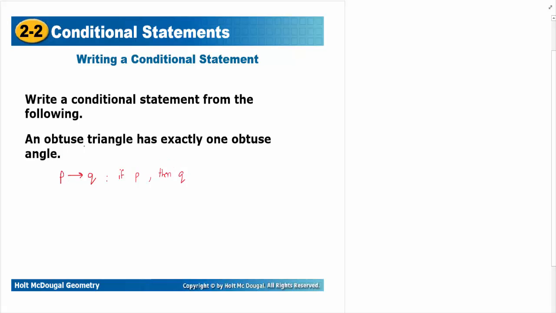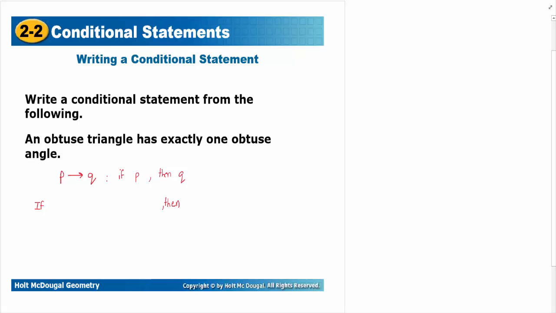Again, I stated that earlier as well. Now this one doesn't have the if to help you out, right? So you have to just rewrite it in that form by just using general logic. What would come first? What would come second? So again, we have an obtuse triangle has exactly one obtuse angle.